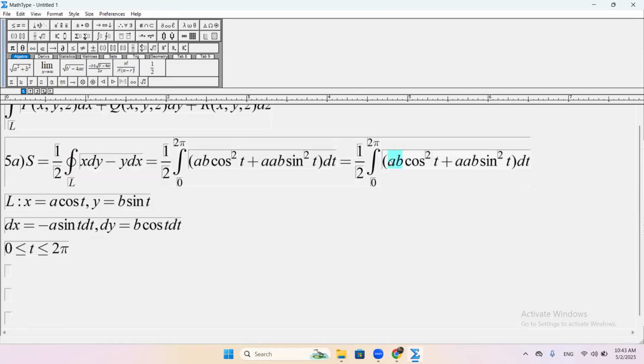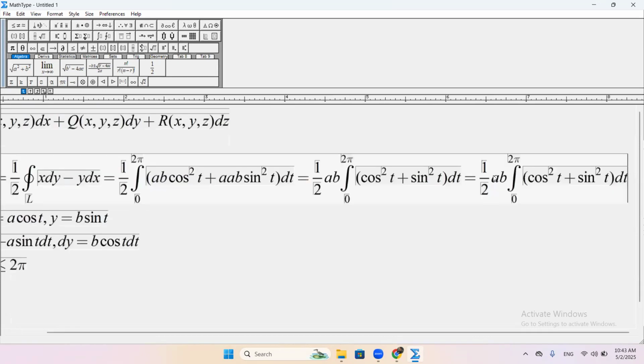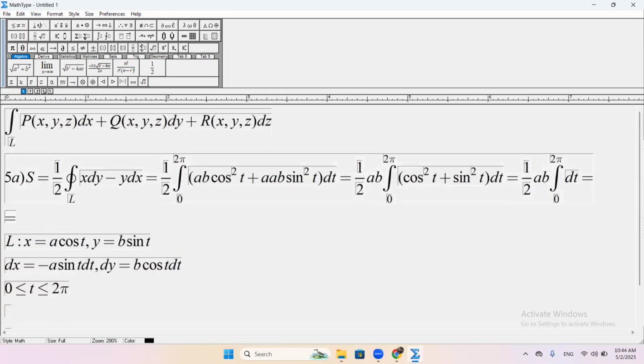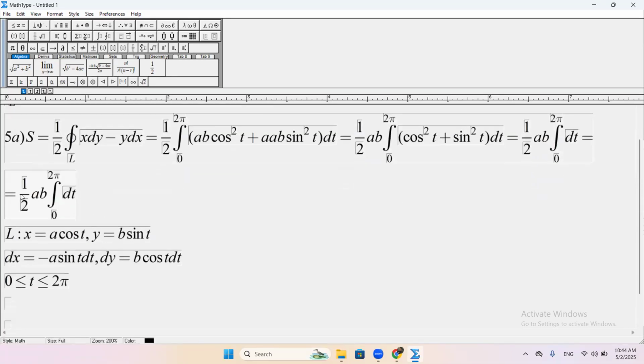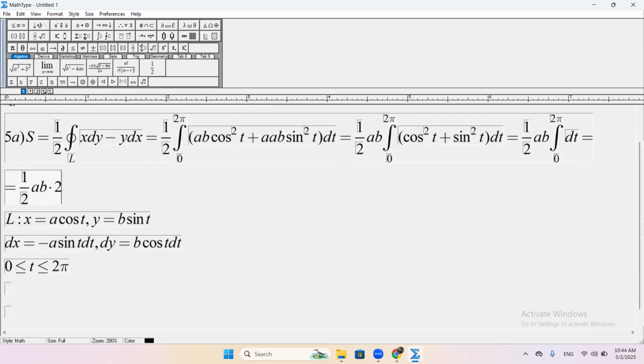Now let's move ab out of brackets, so it will be simplified. Actually this integral will be equal to 2π, and the answer is πab.